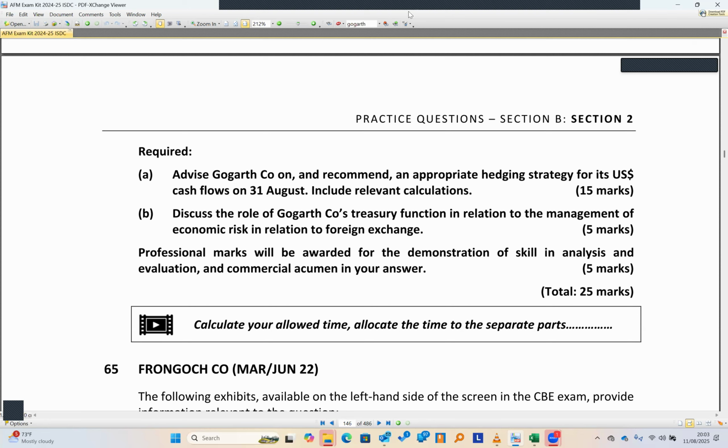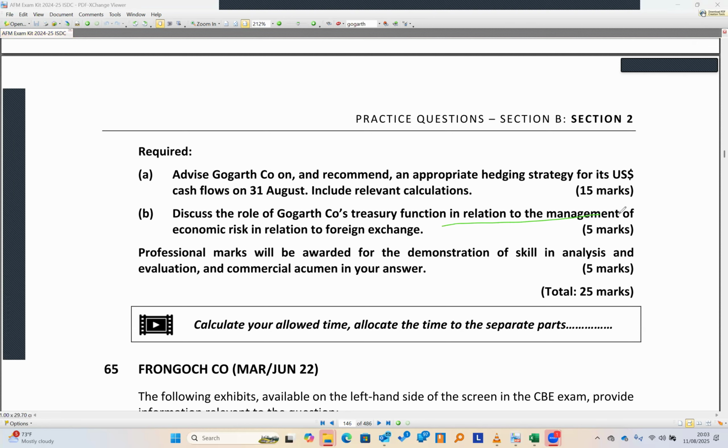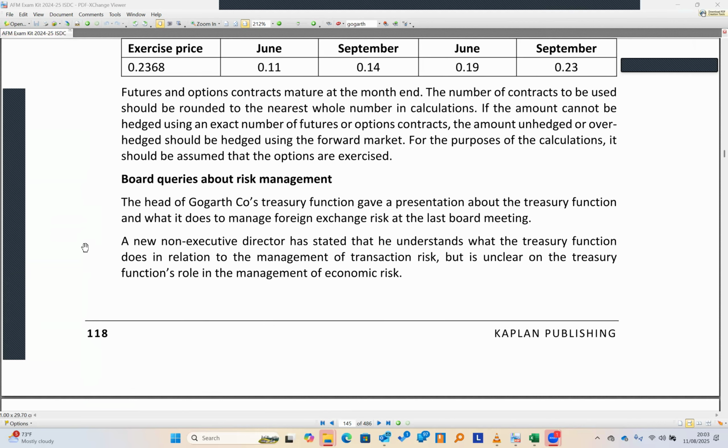And then they are telling us to discuss the treasury function and look at it in terms of managing economic risk when it comes to foreign exchange. Now, we need to first go back to what the examiner was telling us regarding that risk. He said that the non-executive says they understand it when it comes to transaction risk, but don't understand it in terms of economic risk.